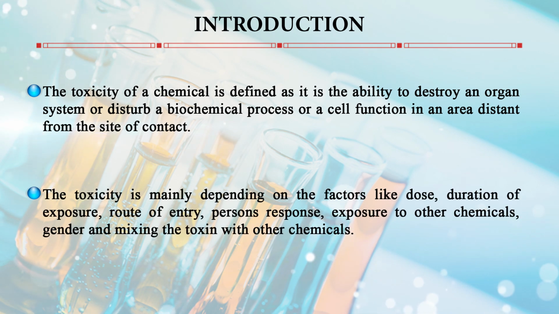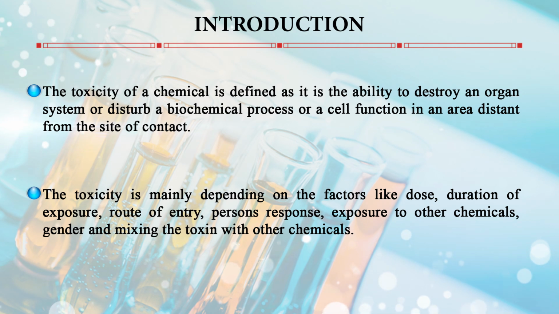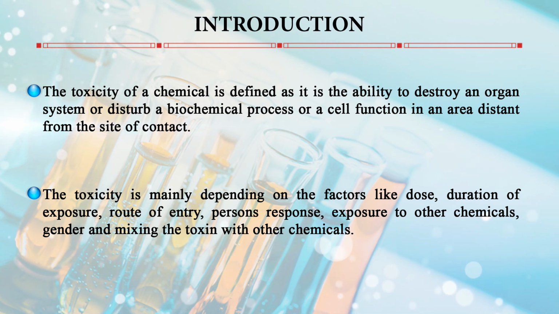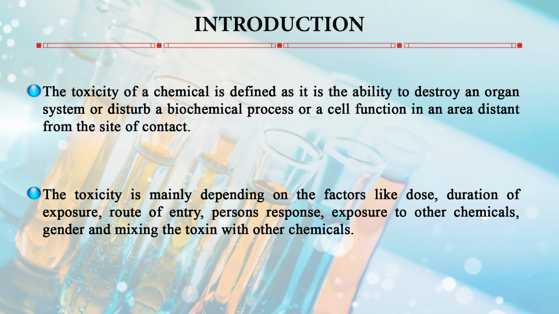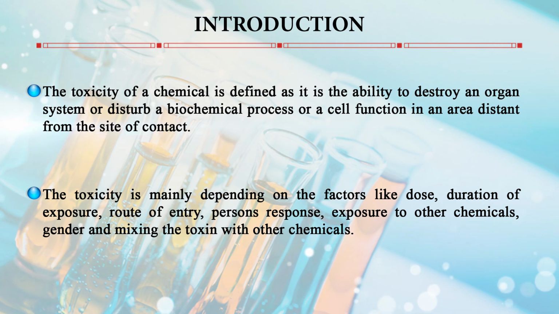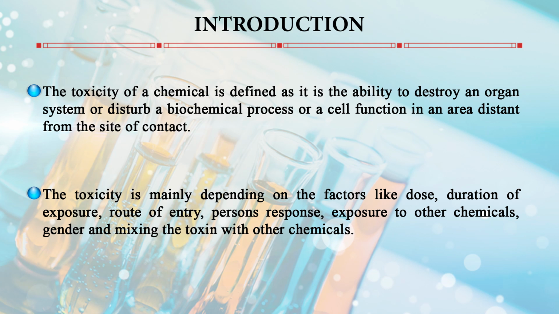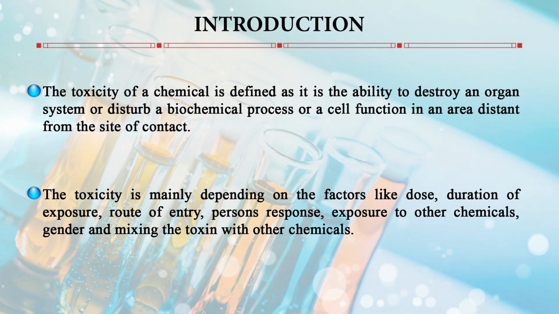Toxicity mainly depends on factors like the dose, the duration of exposure, the route of entry, and how a particular person responds to exposure to these toxic chemicals and to other chemicals. Another factor is gender, whether female or male, and the mixing of the toxin with other chemicals. These are the common factors we have to consider for the toxic effect.